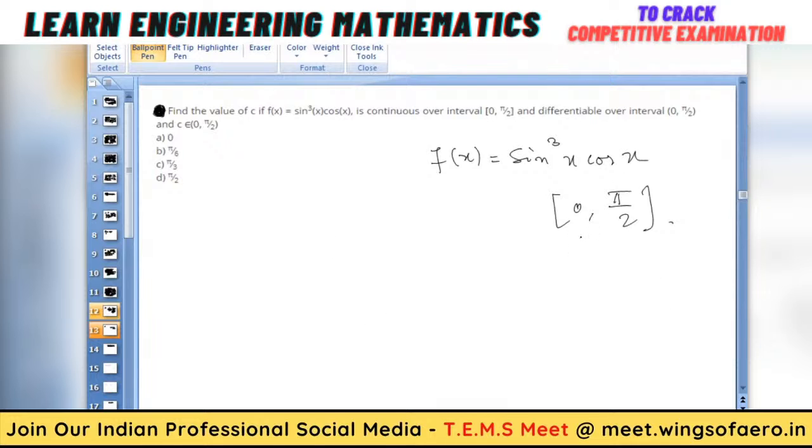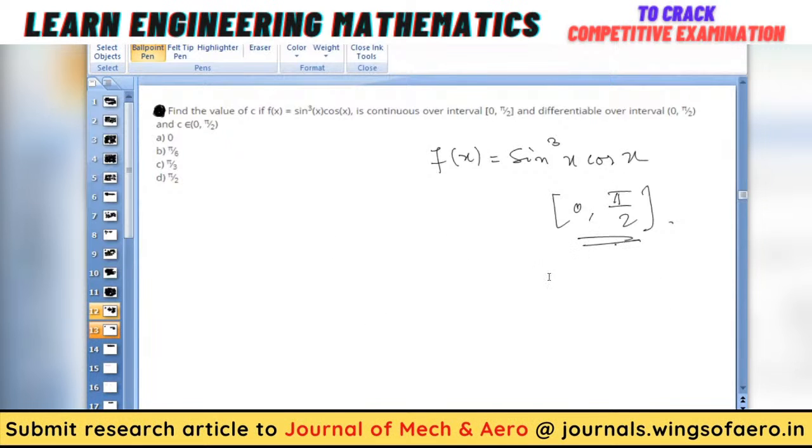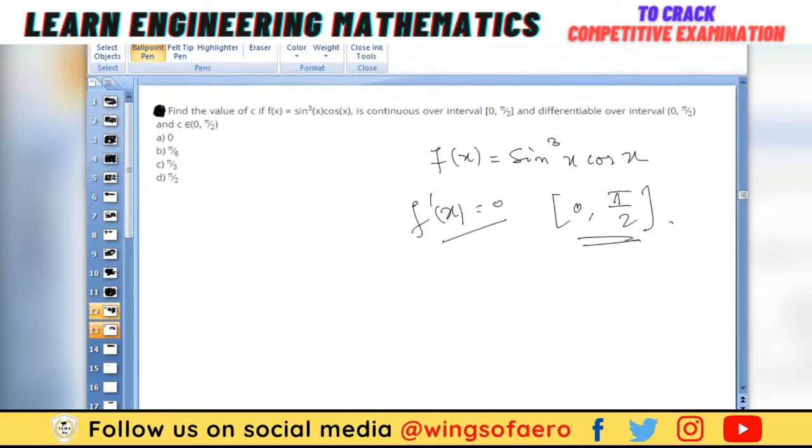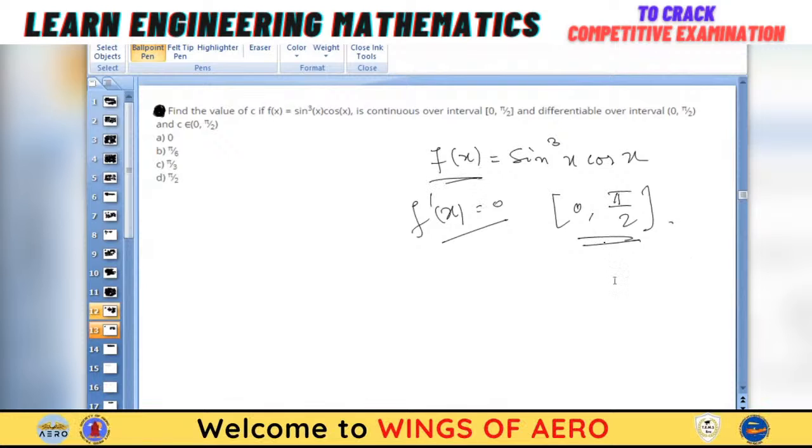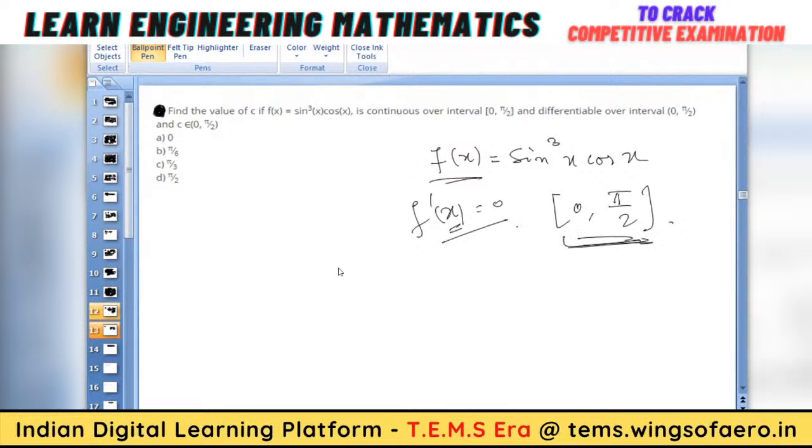So how many values are there in between this interval 0 comma pi by 2 where f'(x) is equal to 0? That is, first find the derivative of f(x), and then find at which value of x f'(x) becomes 0 within this interval 0, pi by 2.